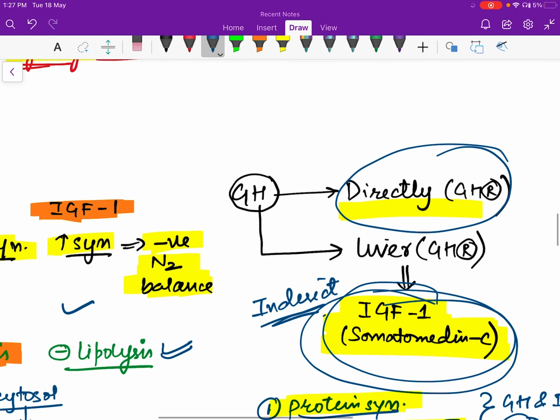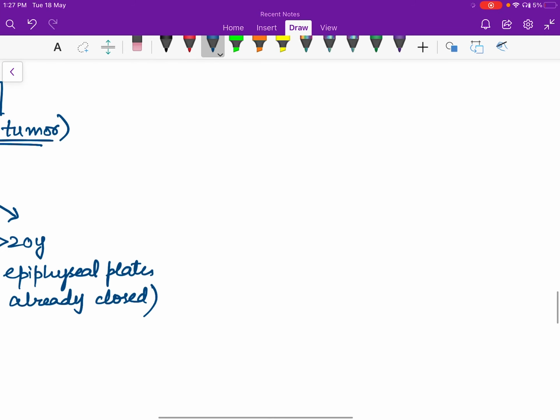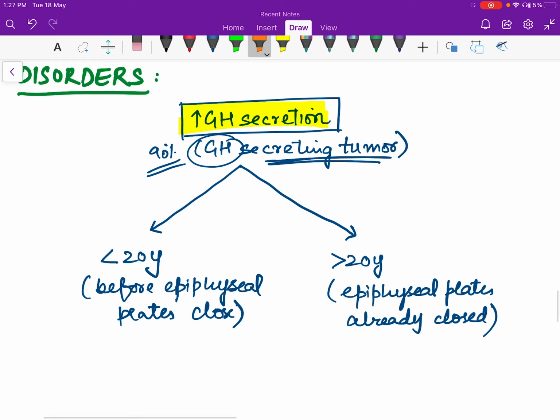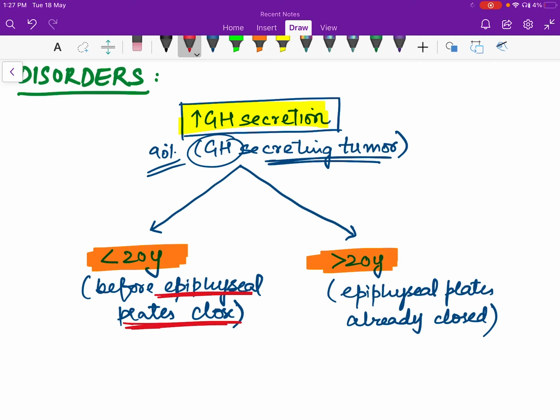If this tumor is present in an individual more than 20 years of age, then there will be one condition. If it is present in an individual less than 20 years of age, then there will be another condition. Why so? Because before 20 years of age, the person is in the growth phase, the adolescent phase, so the epiphyseal plates are not closed yet.